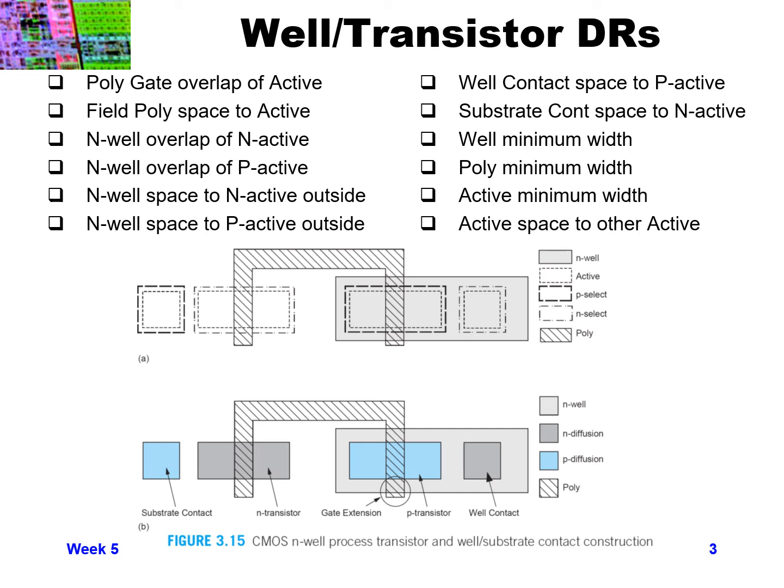Any contact, so if you have a well contact inside your N well, the spacing between that well contact, which is N active, to your N well needs to be spaced away from any P active, because you don't want those too close together.